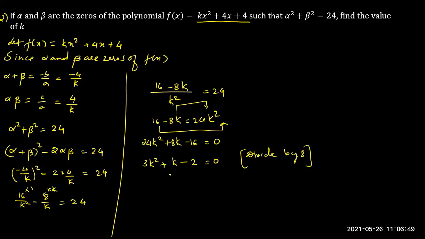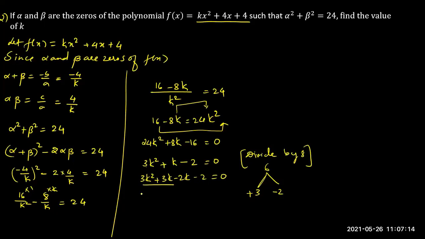Now we need to factorize this. 3 into 2 is 6, and 6 we need to split. 3 twos are 6, so plus 3 minus 2. So 3k square plus 3k minus 2k minus 2 equal to 0.